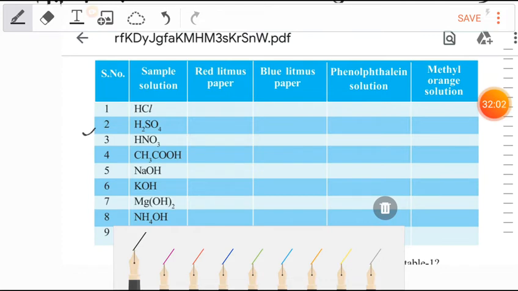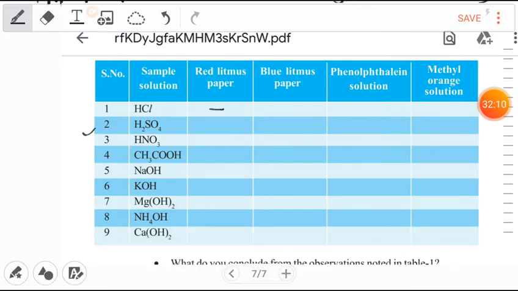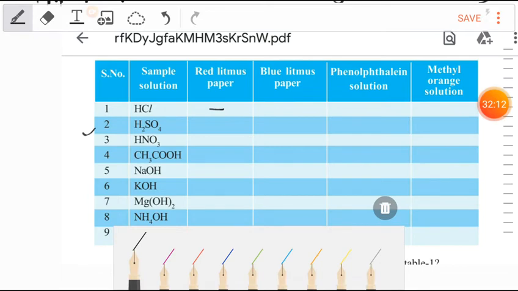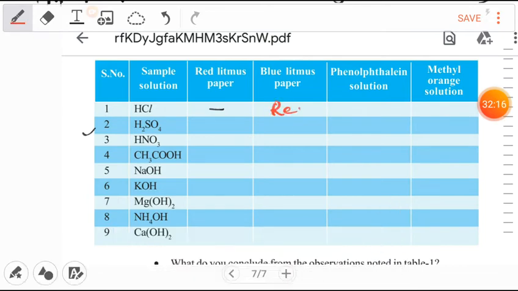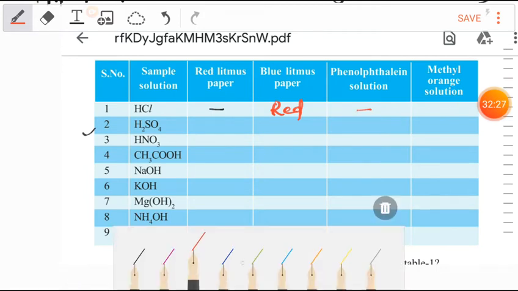So HCl is the acid. Red litmus, no change, I'll keep it blank. And blue litmus turns red. Next, phenolphthalein indicator with acid, no color. Methyl orange gives red.